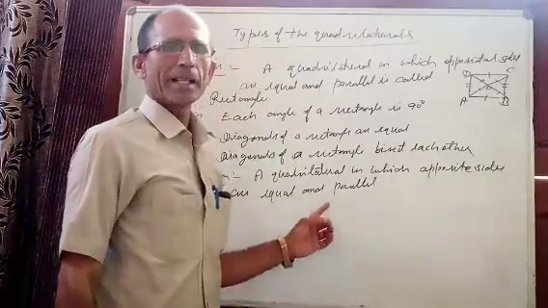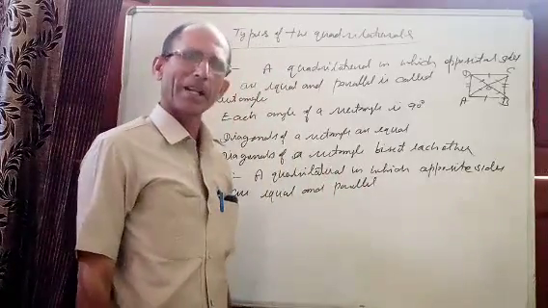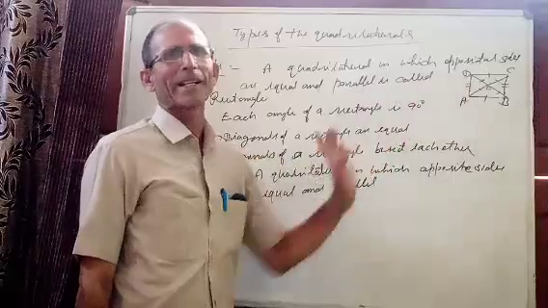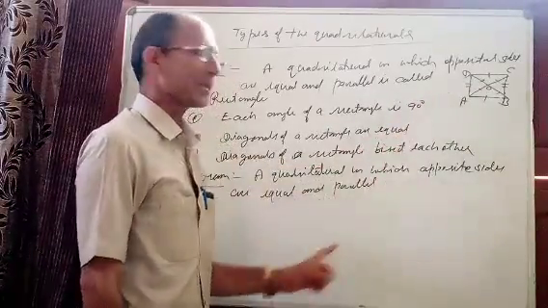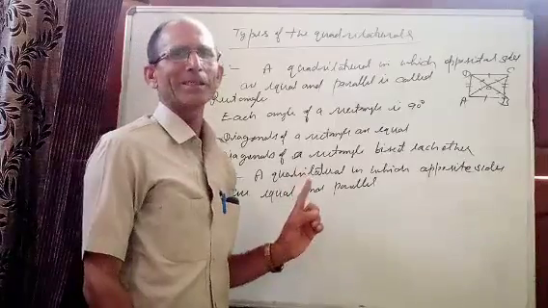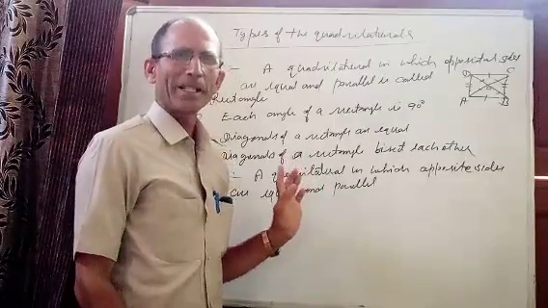A quadrilateral in which opposite sides are equal and parallel. Same property for rectangle and parallelogram. But in a rectangle, the next property is 90 degrees. In this one, this is not necessary.